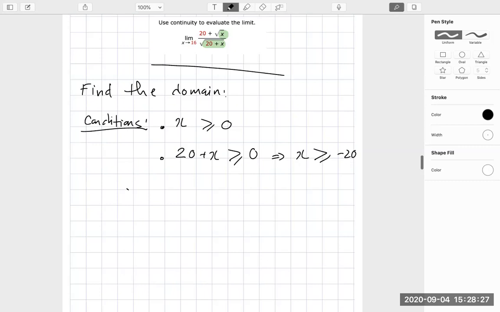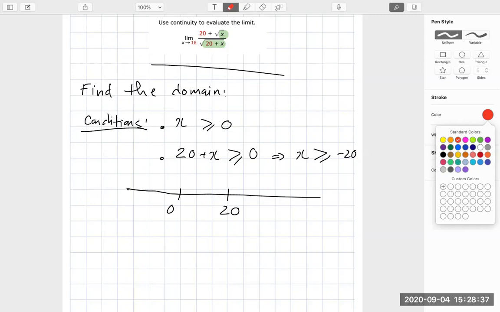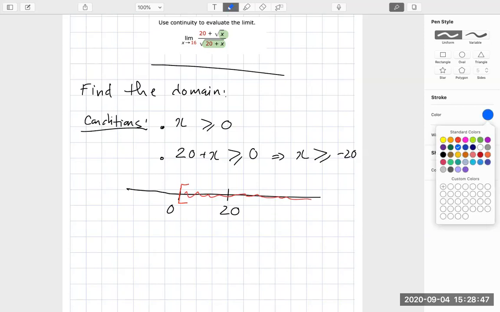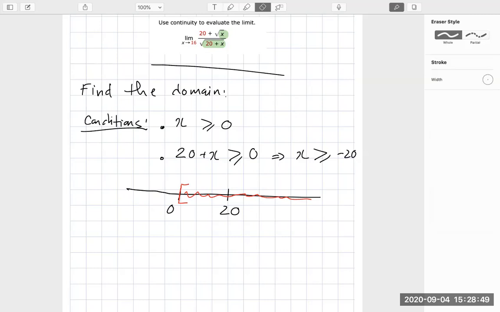So here is the real line, and here is 0, here is 20. In the first condition, x should be larger or equal to 0, right? And the second condition, we should care about negative 20. It is here. x should be larger or equal to negative 20.